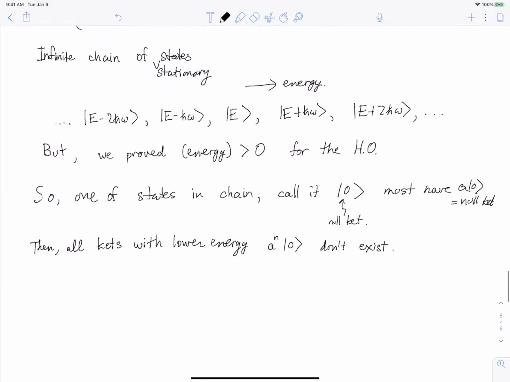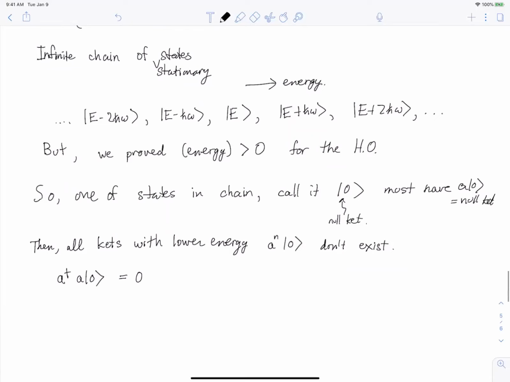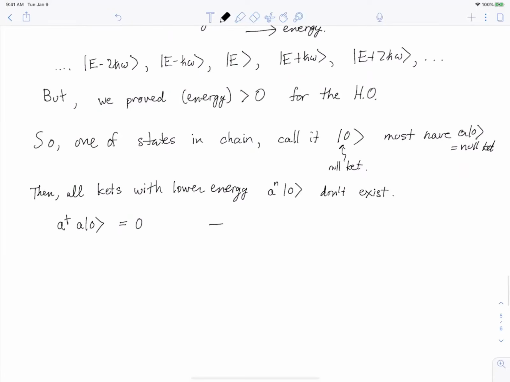Okay, and so in particular, that means if I take A dagger and act on the state A0, which we now know is the null ket by definition, anything acting on the null ket is 0. So we know that's true.